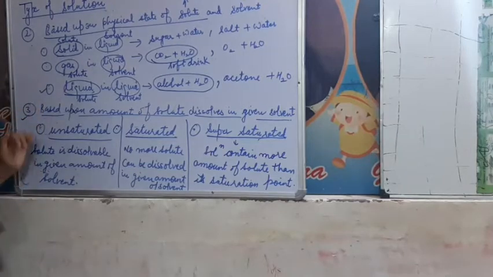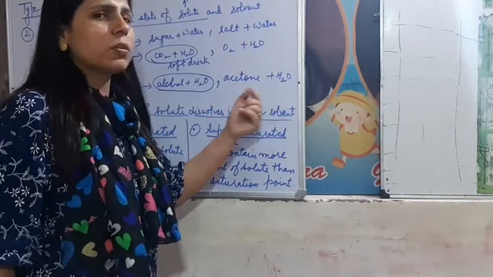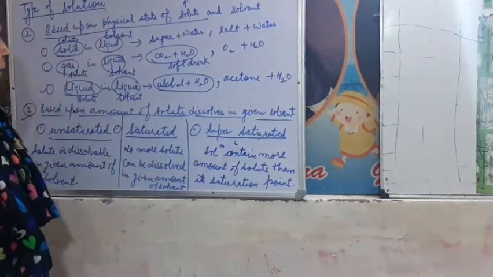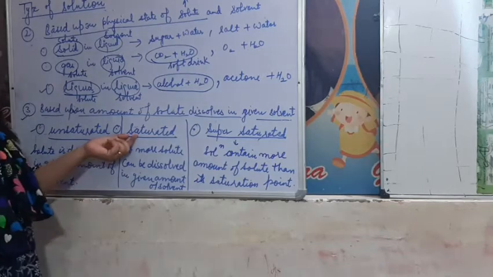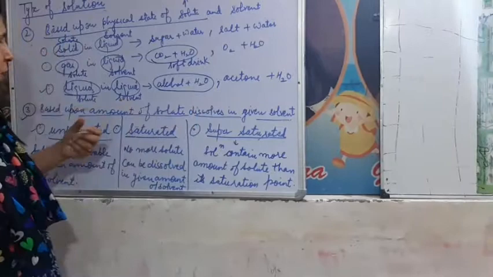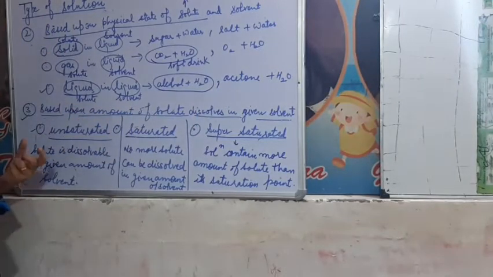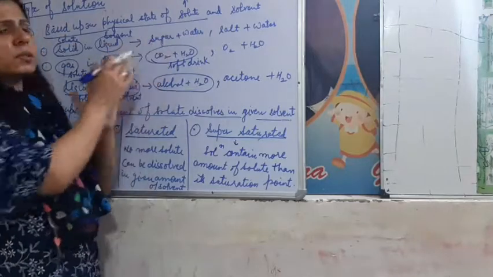Third category is based upon the amount of solute that dissolves in a given amount of solvent. First one, unsaturated solution. Second one, saturated solution, and the third one is supersaturated solution. So before starting it, let us take an example. You want to prepare a simple solution, sugar and water.